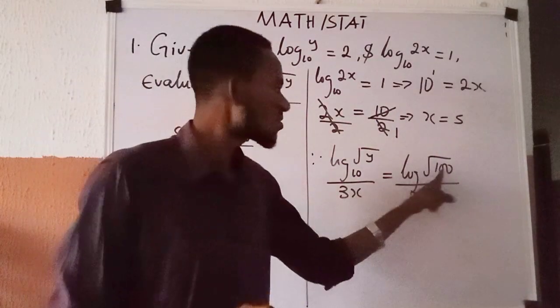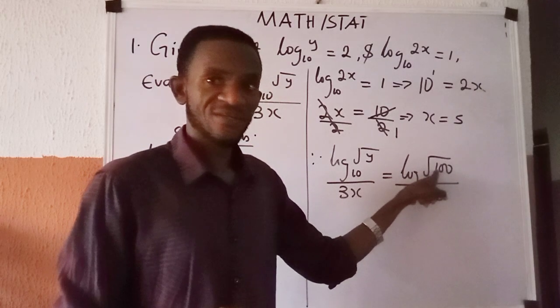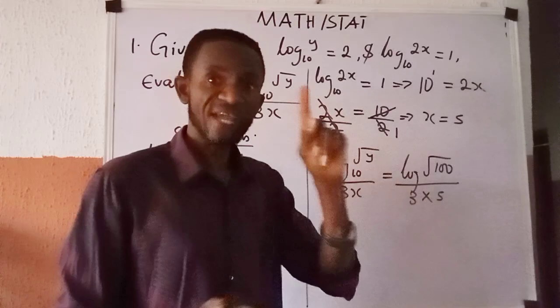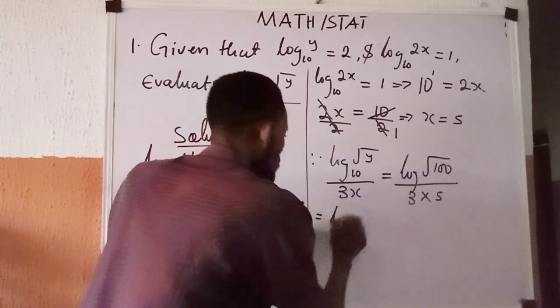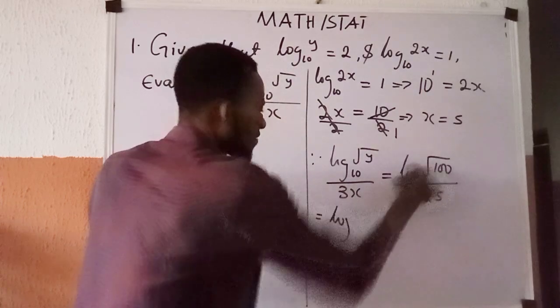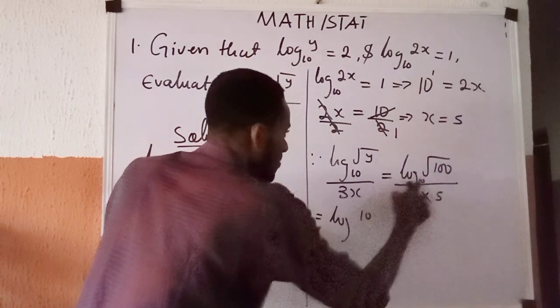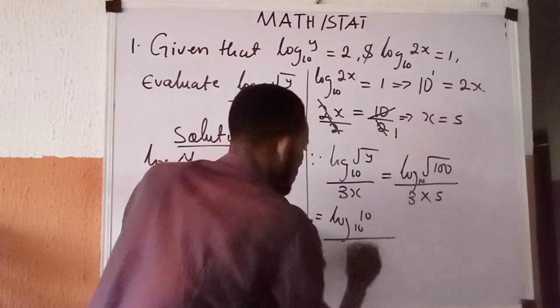Of course, you know that root 100, which is the square root of 100, is 10. So this equals log base 10 of 10, all over 3 times 5, which is 15.